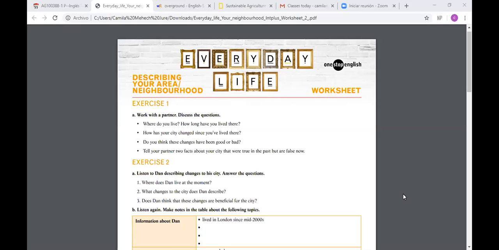Y después tendría que responder lo de Camila, ¿no? No, I mean, you talk about your neighborhood and Camila will talk about her neighborhood, but then you will have to talk about your discussion about it. The changes that you could notice in both neighborhoods. Okay. Good.